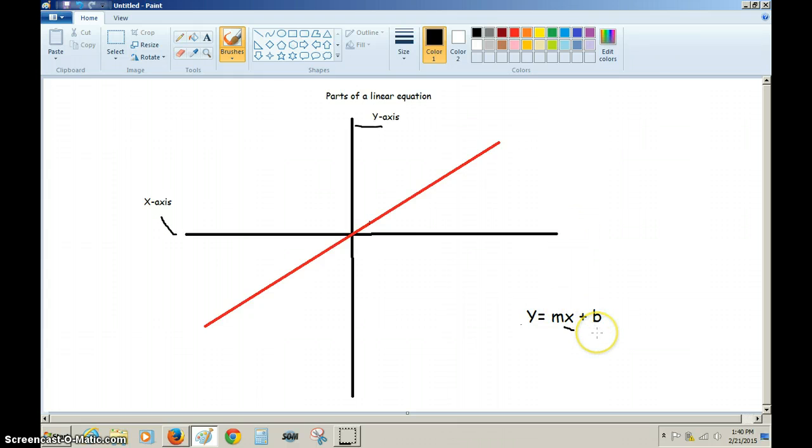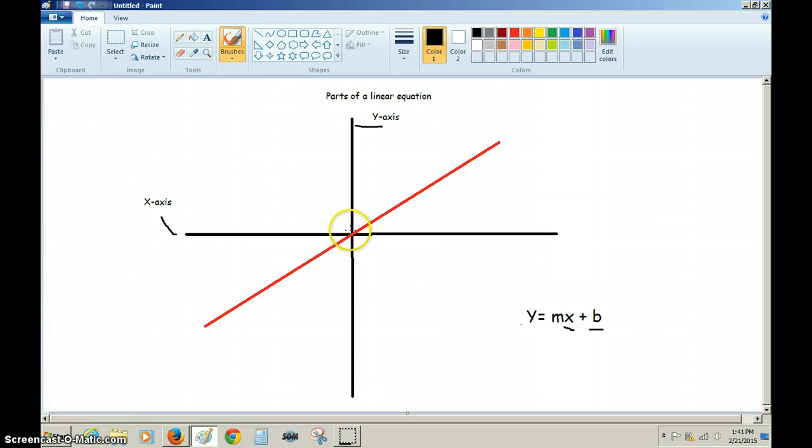And last of all, you have b, which is known as the y-intercept. The y-intercept is where the linear line crosses through the y-axis. So in this line, it happens to be going through the origin, which would be 0, 0.